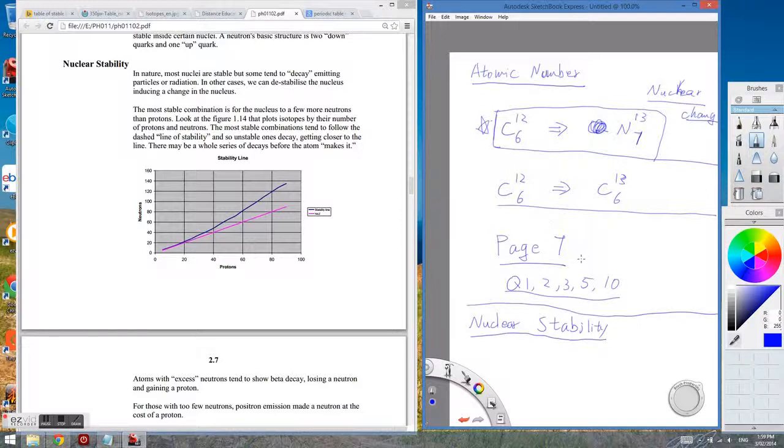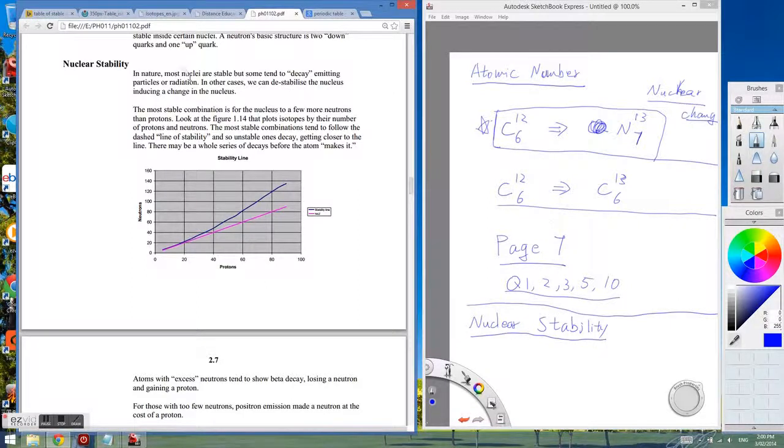It means if I pick a rock from the ground, the rock normally wouldn't emit nuclear radiation, because it is stable. Most nuclei are stable, but sometimes they are not. For example, uranium sometimes gives out radiation. So how do we know that?